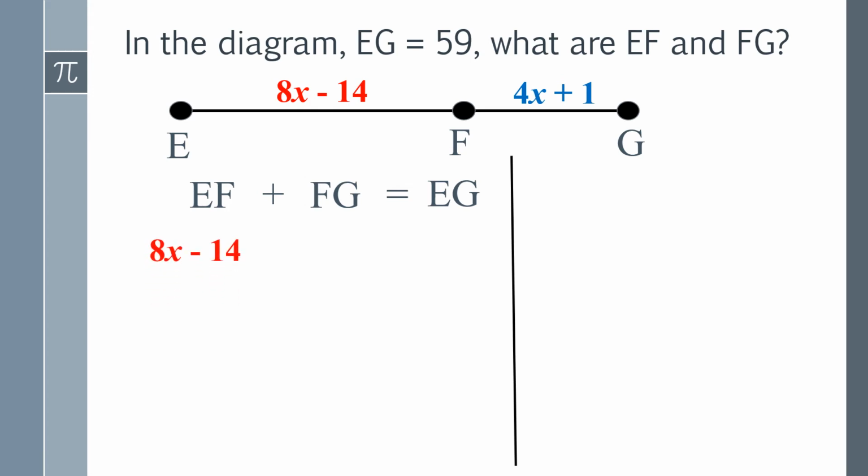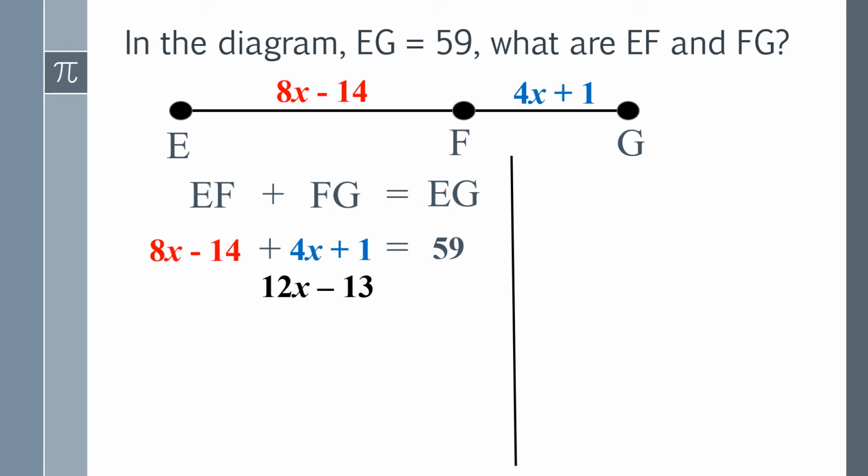So now we're going to substitute 8x minus 14 in the place of EF and add that to 4x plus 1, which is segment FG, and set it equal to the entire segment, which is segment EG, and it's 59 units long. Now we need to combine like terms. 8x plus 4x is 12x, and negative 14 plus 1 is negative 13.